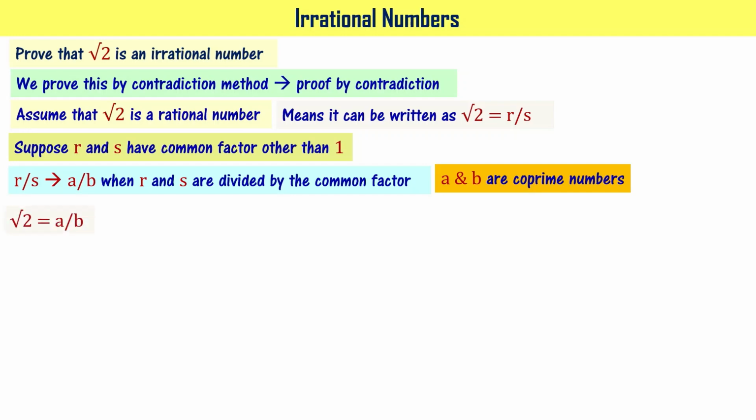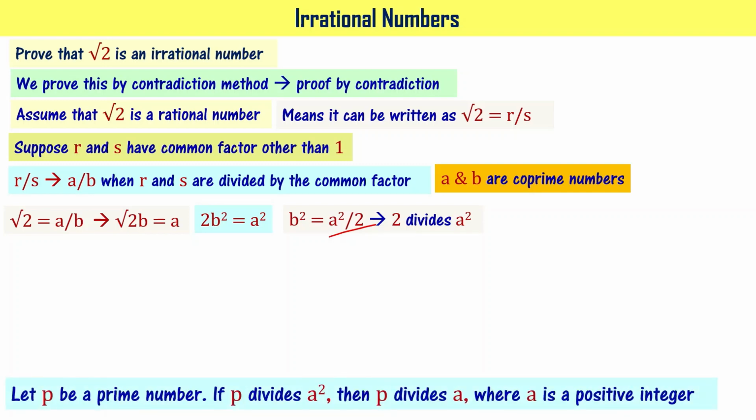It can be rearranged and written as root 2 times b equal to a, right? Let me apply square on both the sides so that I can write it as 2b square equal to a square. Let's rearrange this and write it as b square equal to a square by 2. When I can write b square equal to a square by 2, I can say that 2 divides a square, right?